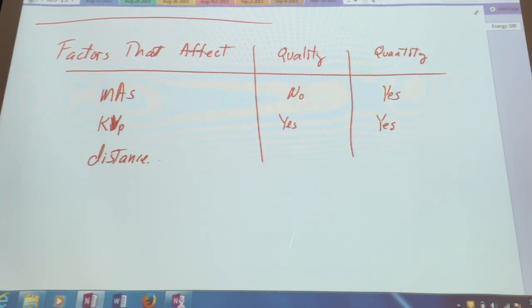How does the quality change if you increase the distance? The energy level decreases. You'll need a higher energy to make up for the increase in distance. Yeah, distance just reduces the intensity of the beam, but it doesn't change it.